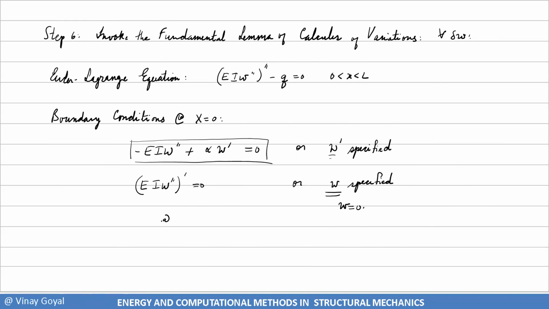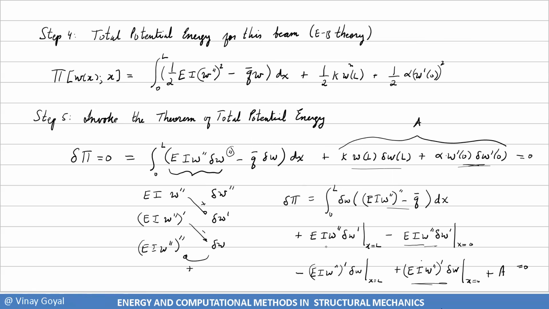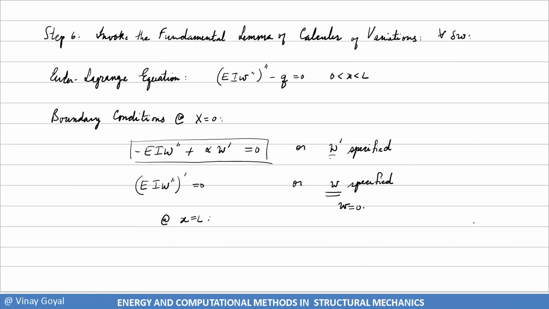Boundary conditions at x equals L can now be found, and we can find that by looking at this term here, which combines with that term. And that's going to be minus EI w double prime prime, which is combining with plus K w equals 0, or w is specified.